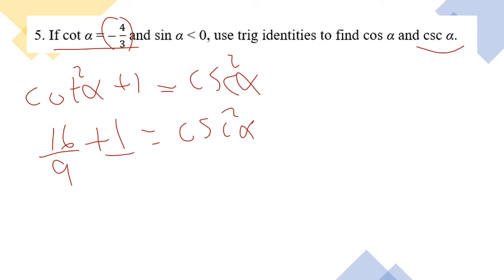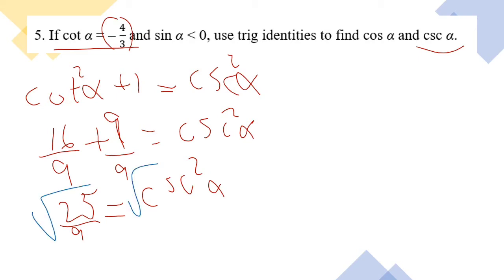I have to change the 1 into 9 over 9. So 16 plus 9 is 25. I have 25 over 9 equals cosecant squared. And then once I square root these, I get my answer, which is 5 over 3 equals cosecant alpha.